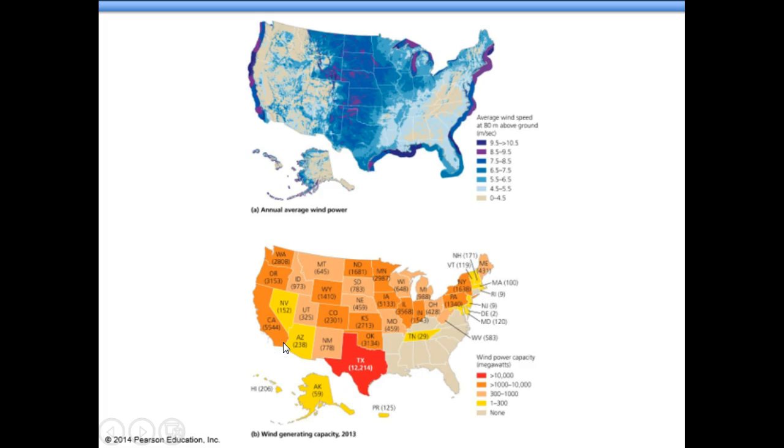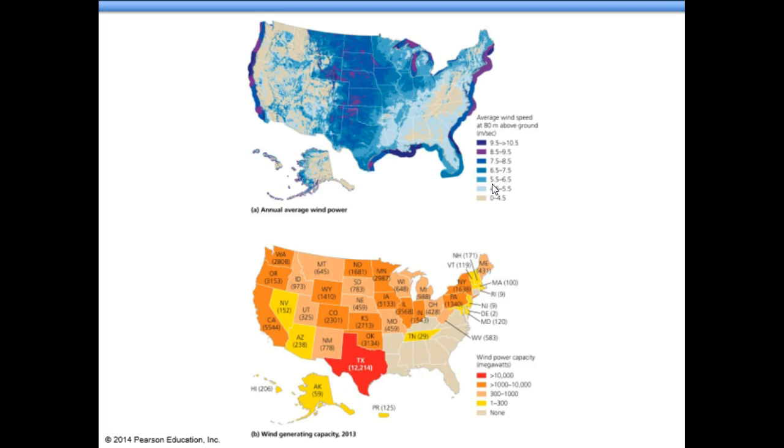So here's the map that I was talking about. You can see in A, this is the average wind power. So the darker areas, we're going to see the wind moving 9.5 to 10.5 meters per second. Excuse me. And in the lighter areas, we're going 0 to 4.5.